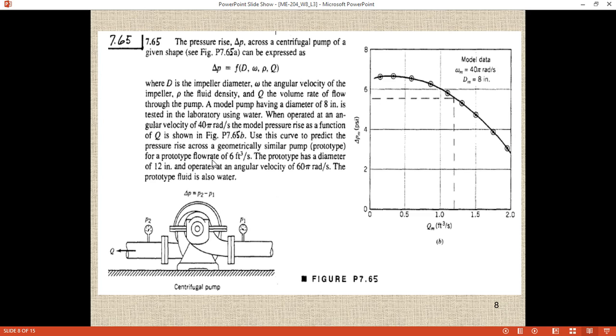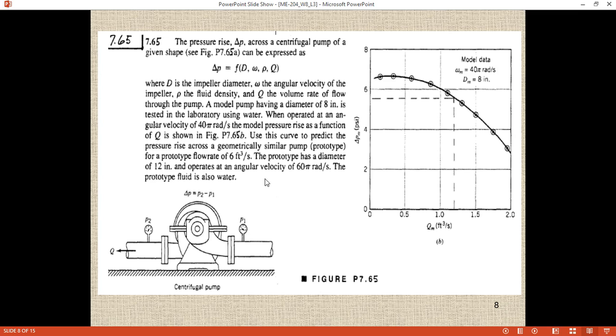For a prototype flow rate of 6 feet cubed per second, the prototype has a diameter of 12 inches and operates at an angular velocity of 60 pi radians per second. The prototype fluid is also water.